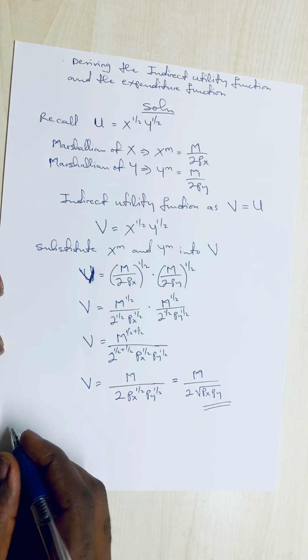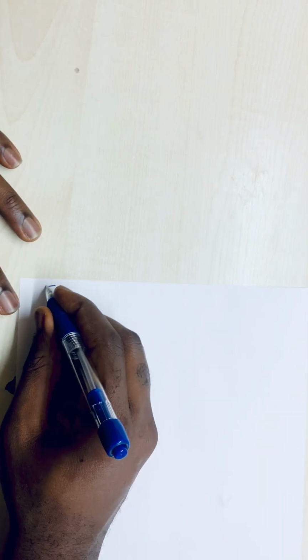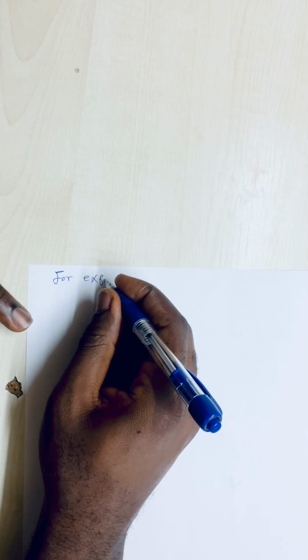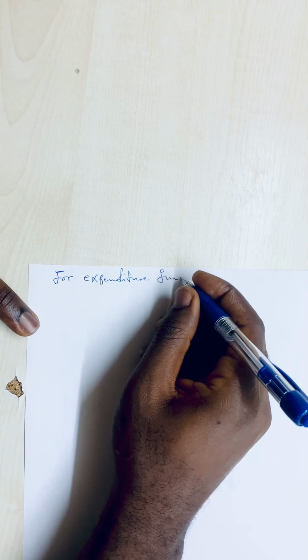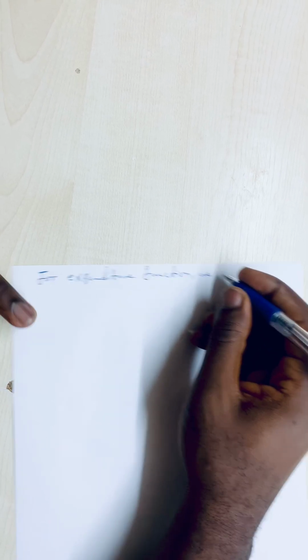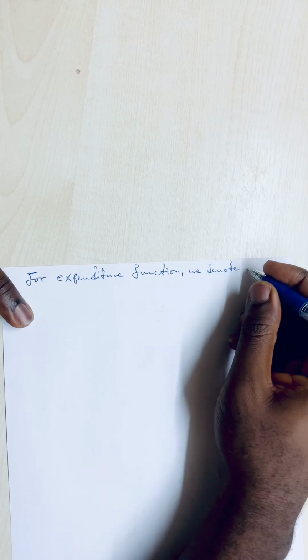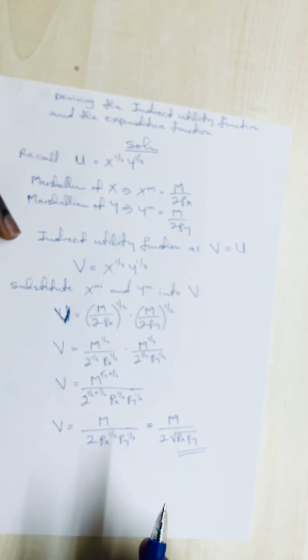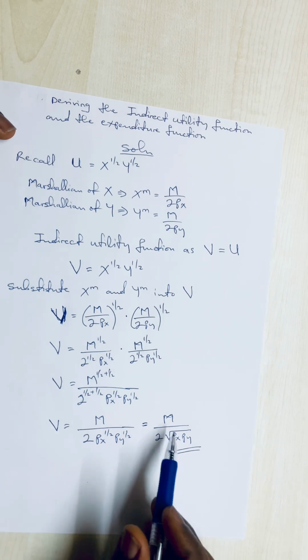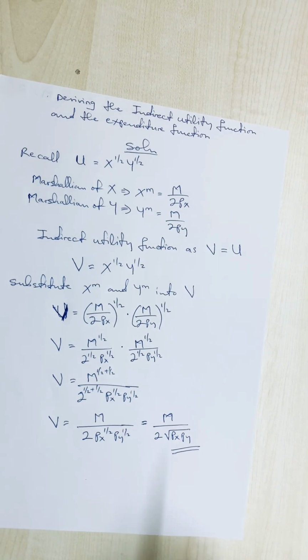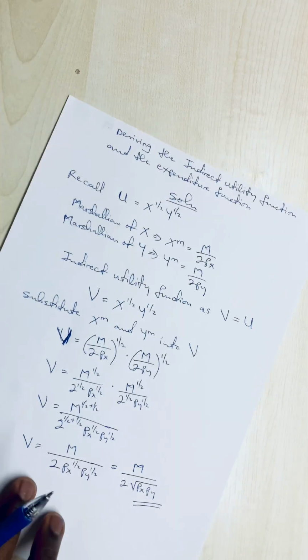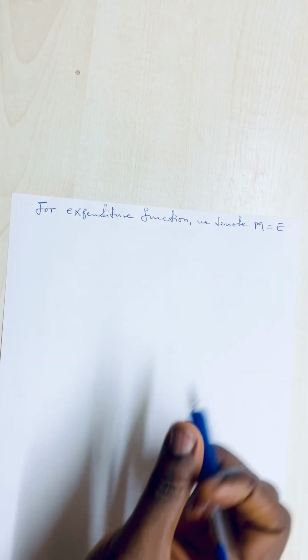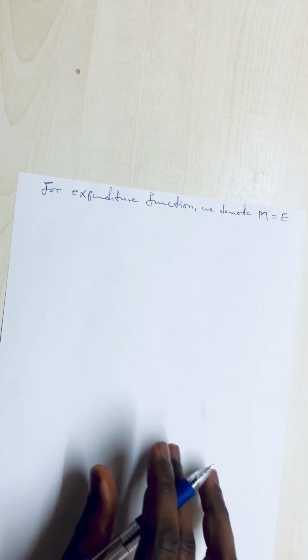For the expenditure function, we denote M, which is in the utility function, as being equal to E. So M is equal to E. The idea is that at optimal, the consumer is spending all of his income to purchase the goods X and Y. So therefore, income is equal to the expenditure, due to the additive property of the Marshallian demand functions.